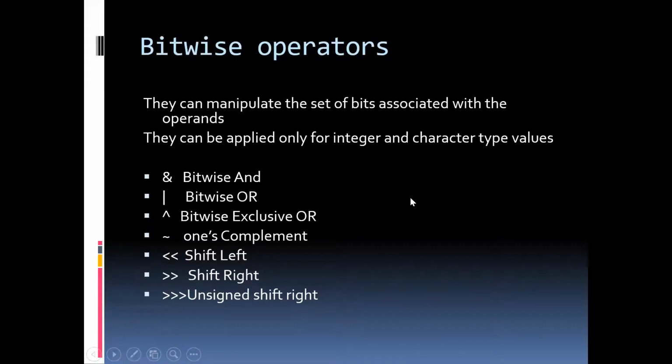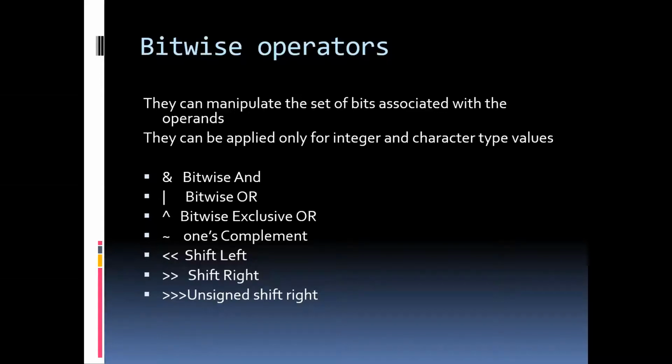Bitwise in the sense that they manipulate a set of bits associated with the operators, and this is only applicable for integers and character type values. You cannot apply it for floating point and boolean type values, since the bitwise operator can test, set or shift the individual bits to build another value.